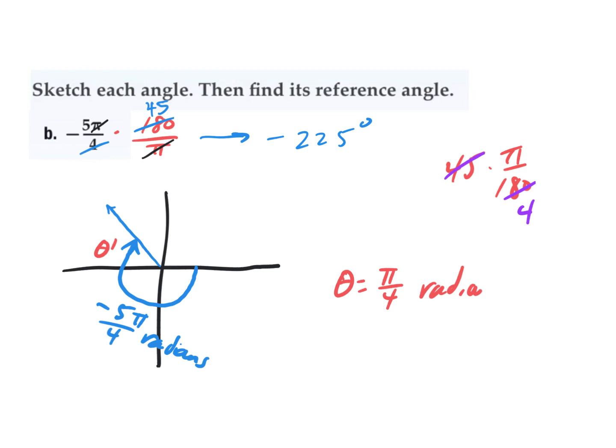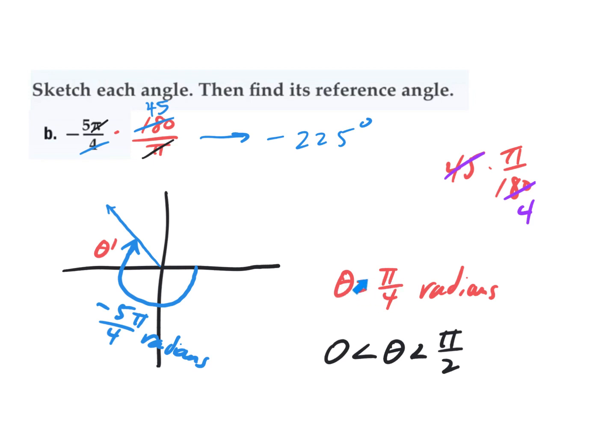Now remember, since it has to be between 0 and 90, in radians, that means it has to be between 0 and pi over 2. Okay, that's what 90 degrees is in radians. That's just so you know where that has to be.